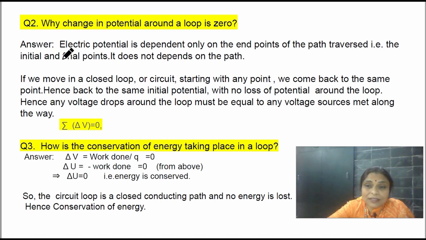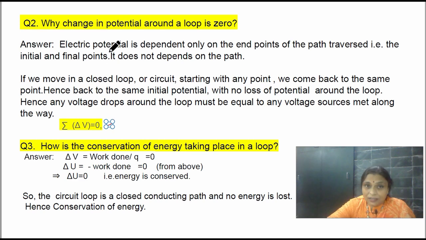Loop means you start from one point and come back to the same point. So starting from one potential, you come back to the same potential. So there is no change in potential. Hence the voltage drop across the loop must be equal to any voltage source met along the way. That is, the summation of delta V equals 0.